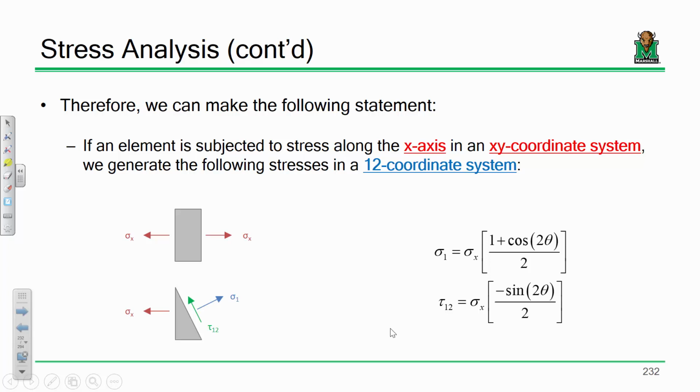This is a big component of what we're talking about. If an element is subjected to stress along the x-axis in an xy coordinate system, we'll generate new stresses along a 1,2 coordinate system.